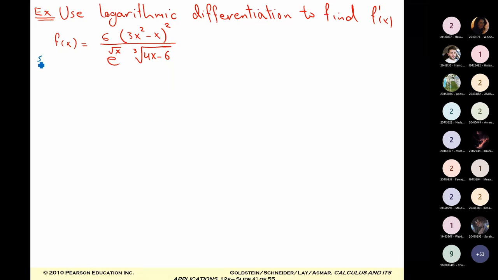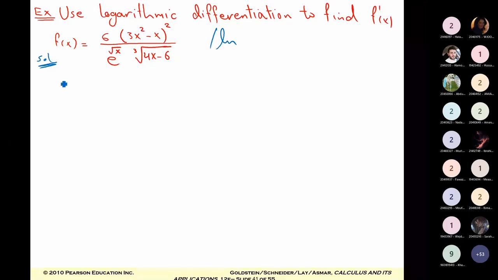Now, to find the solution of this, we use 3 steps if we have ln, but we add 2 steps also. In the first step, take the ln, and in the final step, we must multiply something with the result. So, firstly, take ln for both sides.